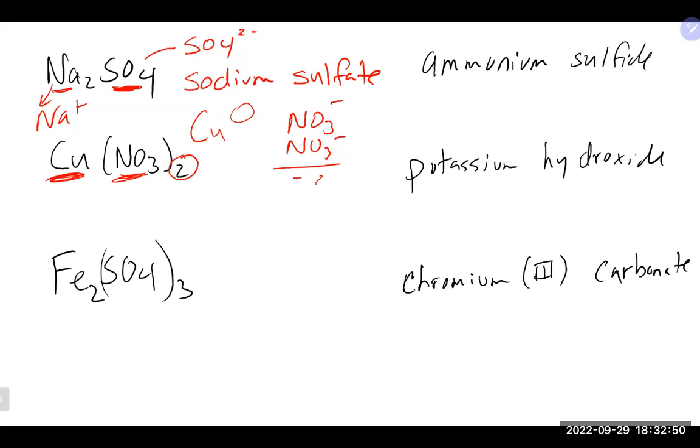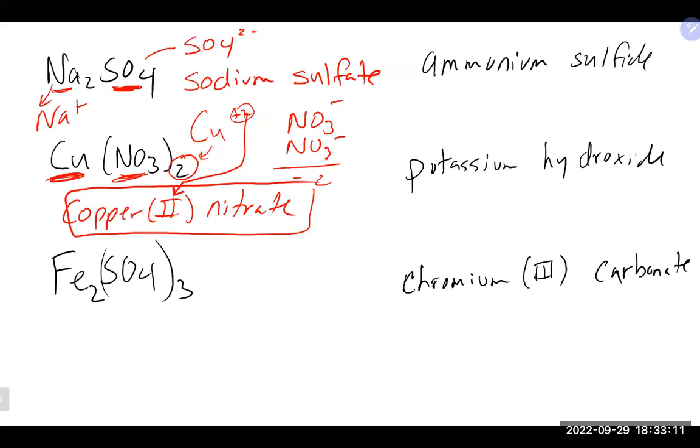That gives us a -2, which means in this case, the copper is a +2 charge. That means we do need a Roman numeral. So this is going to be copper Roman numeral 2, once again for the charge. And once again, it doesn't matter how many of those polyatomic ions, we're just going to use the name of it. So this would be copper Roman numeral 2 nitrate. Any questions on that name?